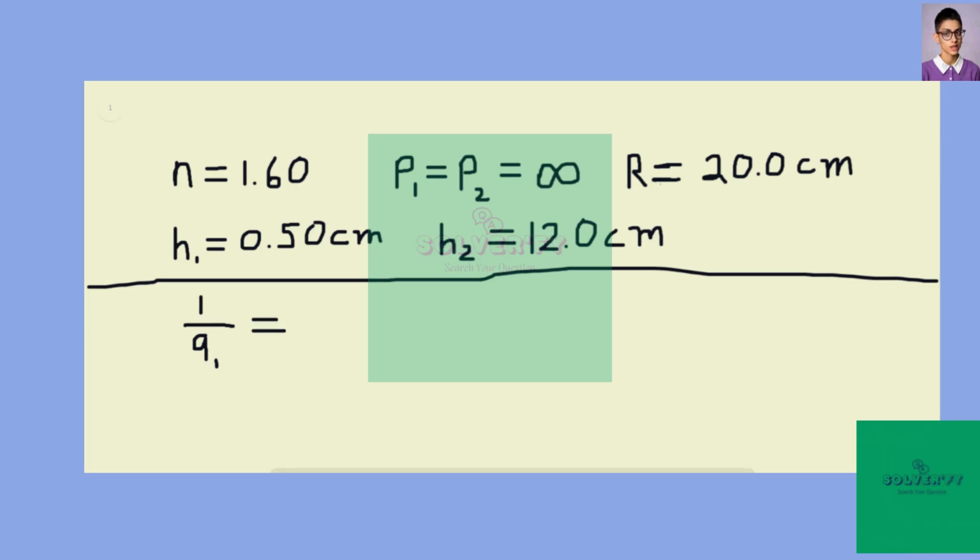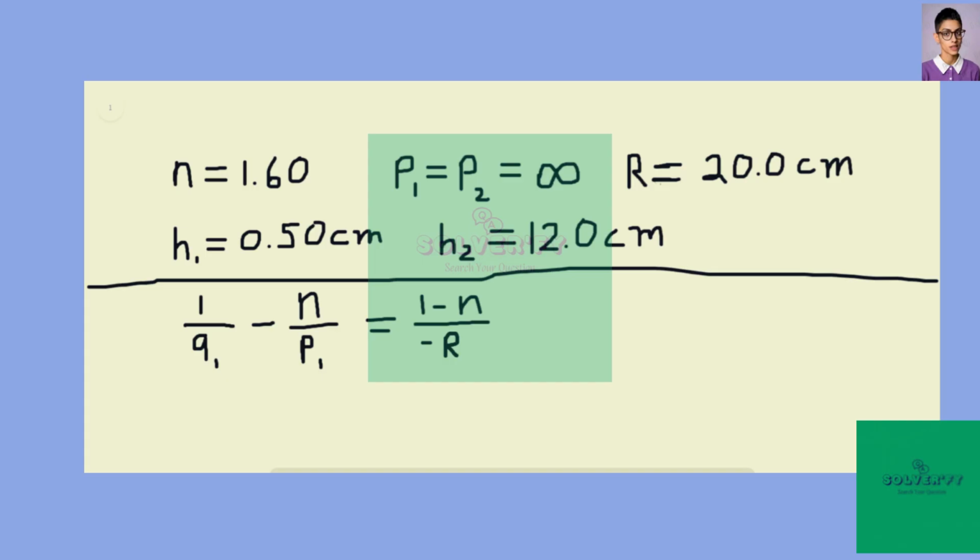That formula says that the index of refraction of the medium we're coming from, which is just air, so it has an index of refraction of 1, divided by the distance to the image, Q1, minus the index of refraction of the lens, N, divided by the distance to the object, P1, is equal to 1 minus N, divided by negative the radius of the lens, since this is a convex lens.